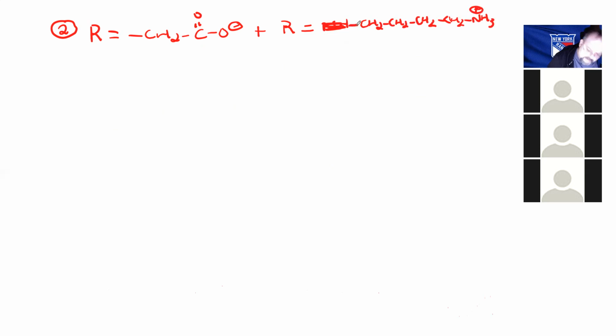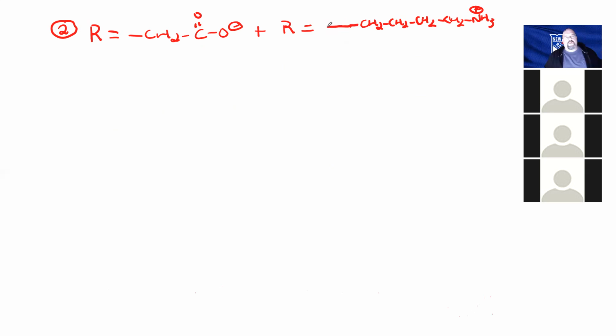All right. So that would be my side chain for the second amino acid here. CH2, CH2, 4 CH2s, and then at the end, NH3 plus. So what do we have going on here?